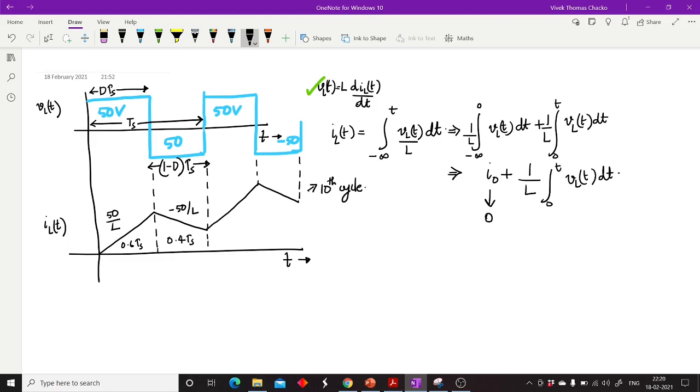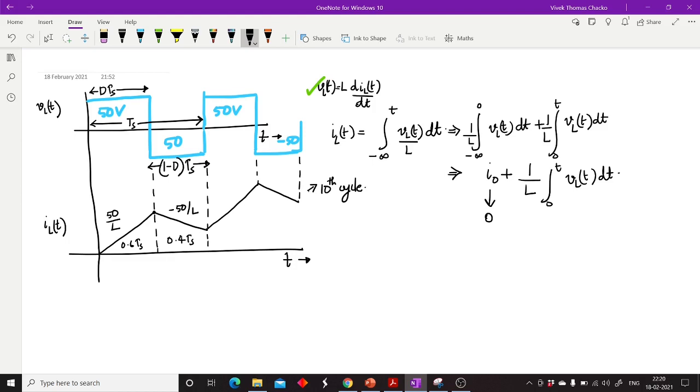So the thing is that if dTs was 0.5 Ts, 1 minus dTs will also be 0.5, so that the inductor current just touches the time axis, or the inductor current becomes 0.